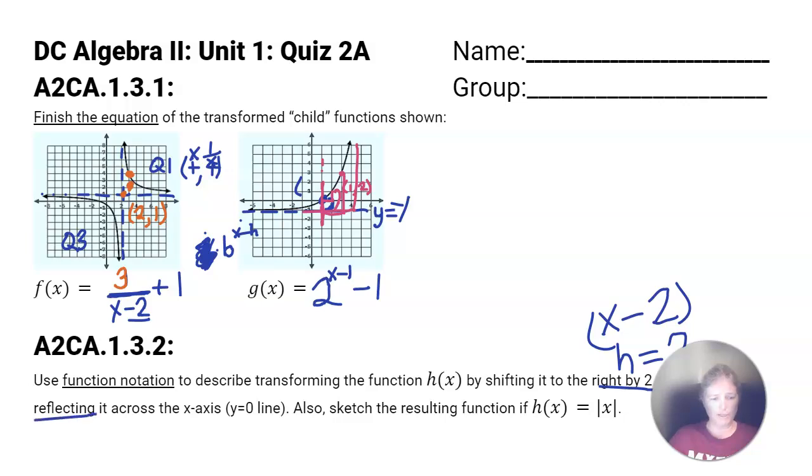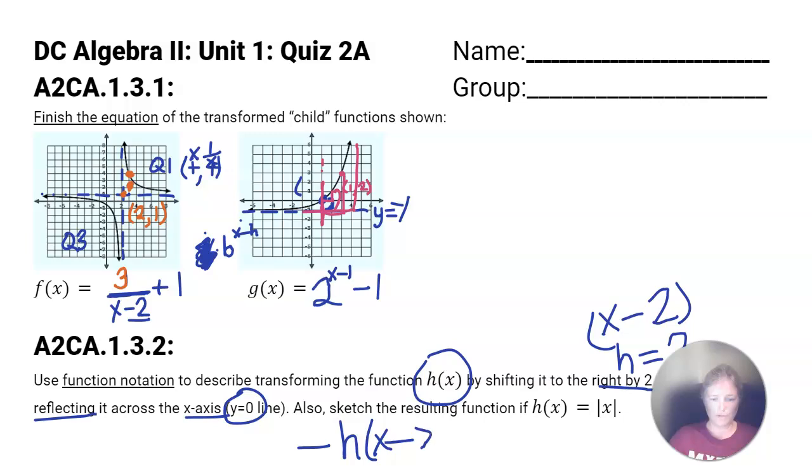Okay, a reflection means a negative across the x-axis. That is our vertical reflection that takes our y's from positive down to the other side of 0 to negative. So what we're going to see, if we're modifying this function in function notation, is negative h of x minus 2.